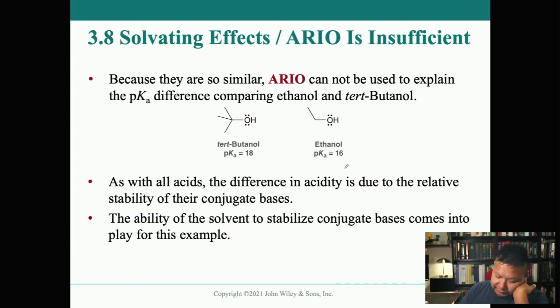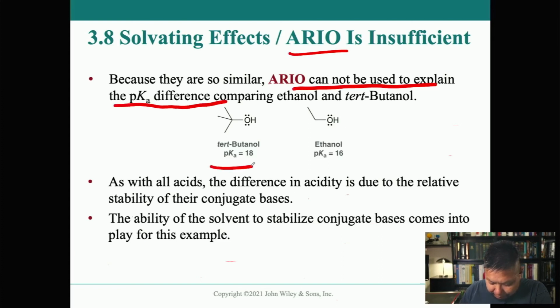So, just some more exceptions to REO again. REO is good in general, right? And you can use that for most applications, but sometimes it doesn't work out too well. So, for example, REO cannot be used to explain the pKa difference between tert-butanol and ethanol. Part of the reason why is because they're so similar, right?